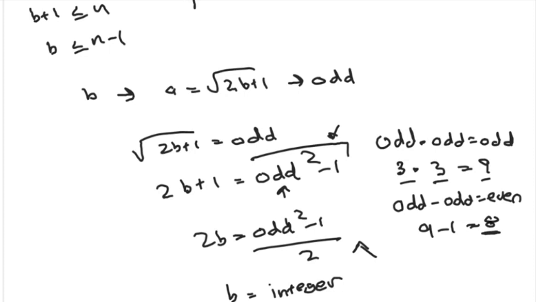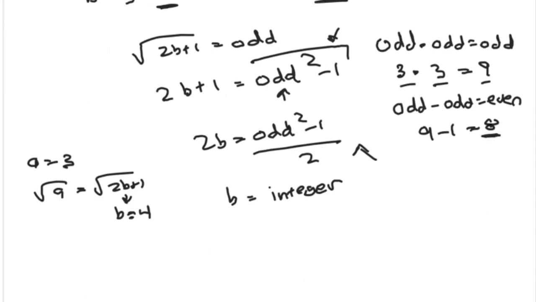So from here, we can conclude that if a is an odd number, there will be a solution b that exists to this. For example, set a equal to 3. 3 is equal to square root 9, and set that equal to 2b plus 1. From here, we notice that if we set b equal to 4, these equations match. Let's look at a equal to 5.